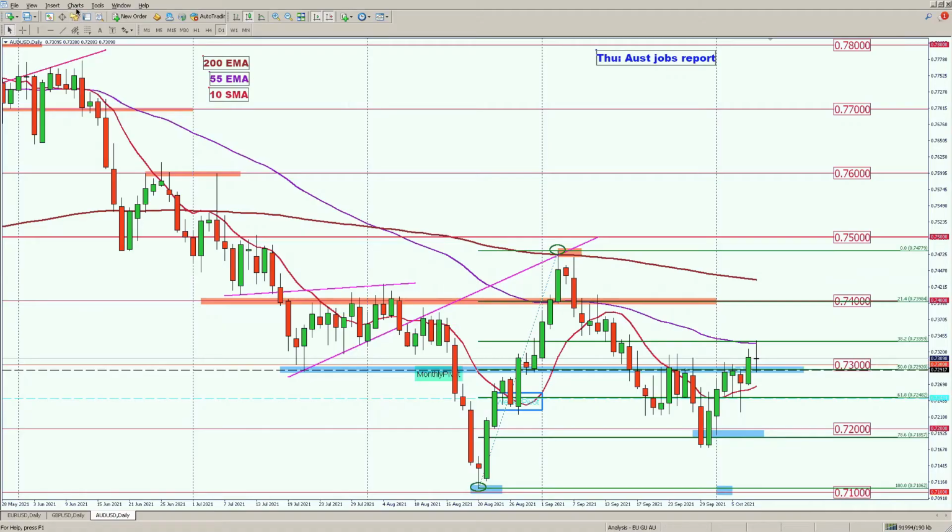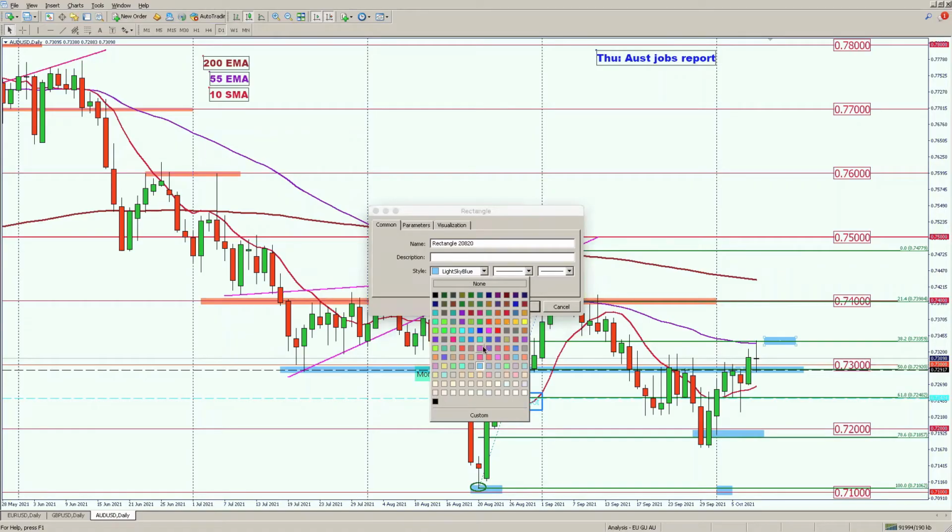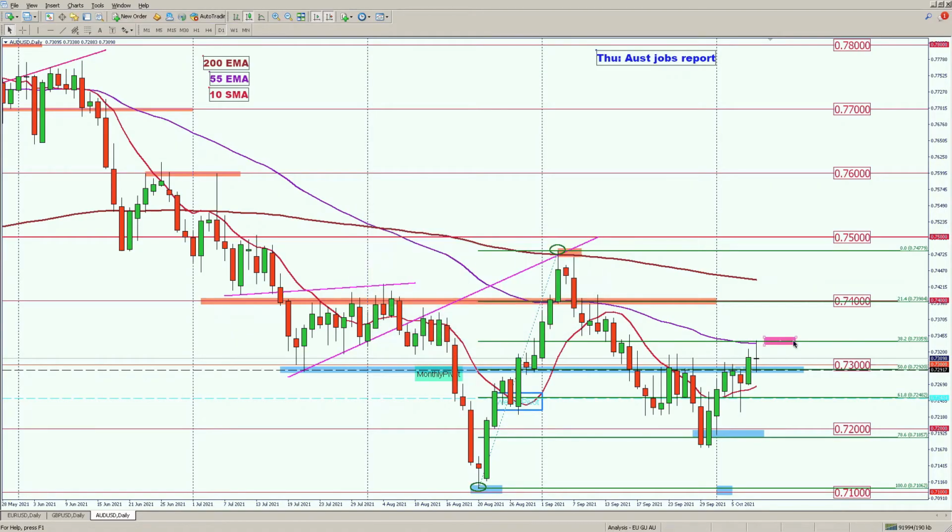So for now, there is an interim resistance down here that's blocking the advance. And right above that is the key resistance zone.